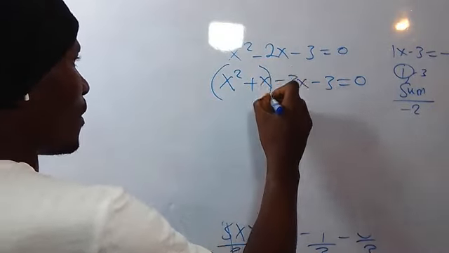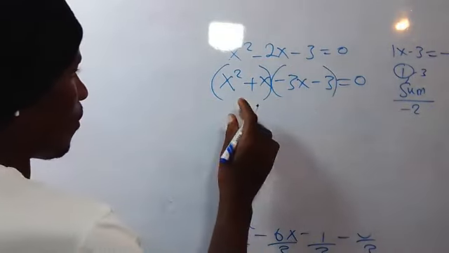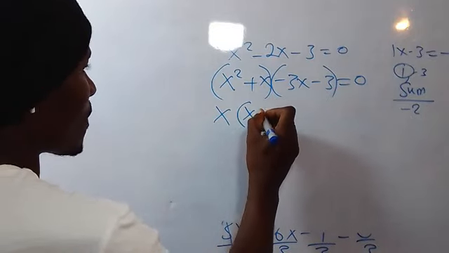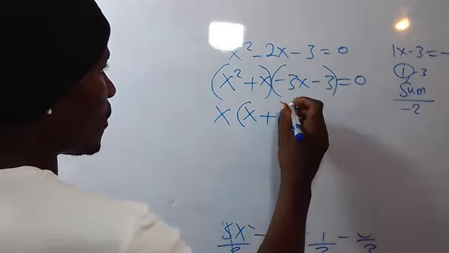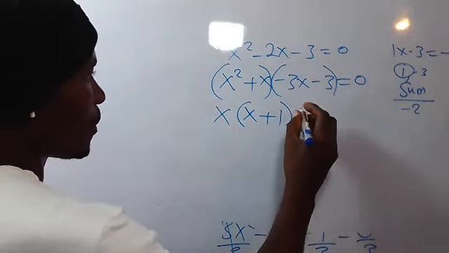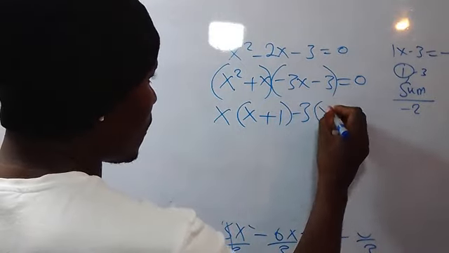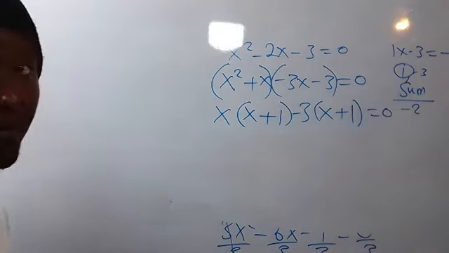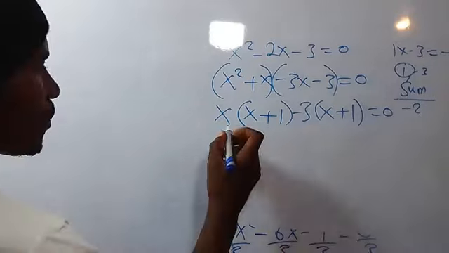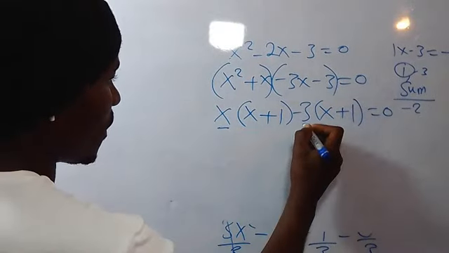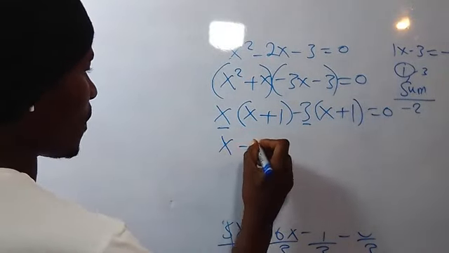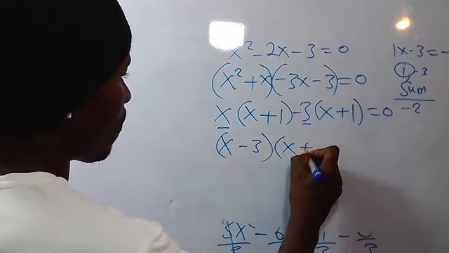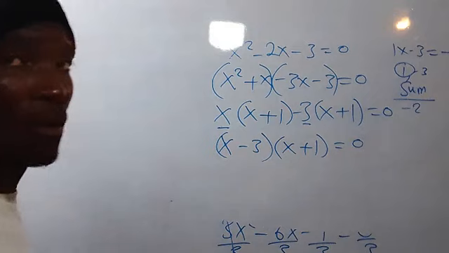From there, we can group these. When you factorize x outside, we have x plus 1, and what is common between the two is negative 3, then x plus 1 equals 0. Now you put together the x and the other x: x minus 3, and x plus 1.